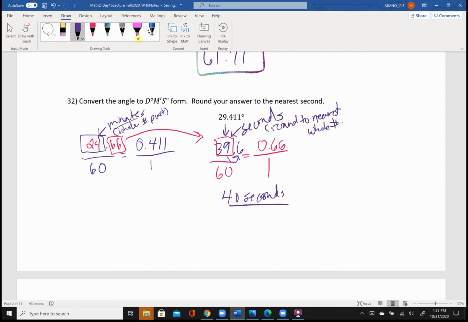Okay, so now we're ready to convert this all down here. Remember, the whole degree measurement stays the same. You're just going to be performing a couple of manipulations on the decimal, and you'll take it in parts like this. Okay, so just to be clear, the final answer here is 29 degrees, 24 minutes, and 40 seconds.